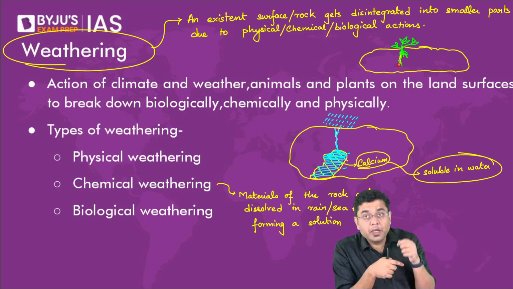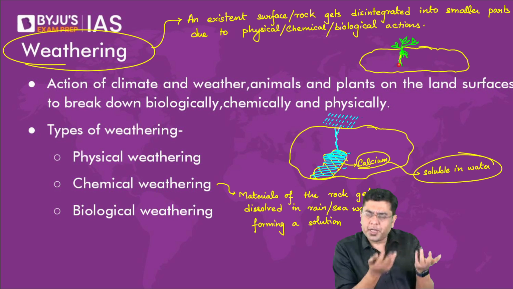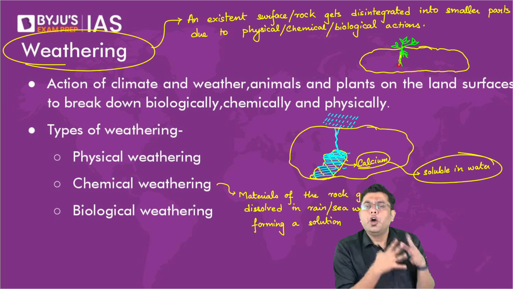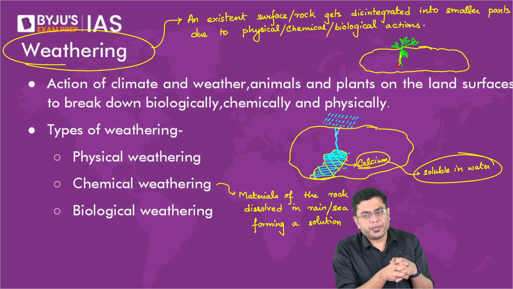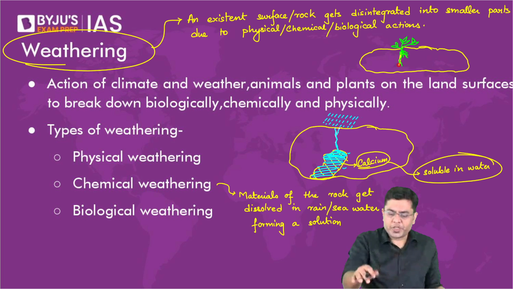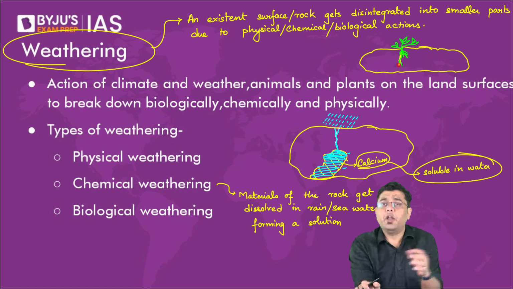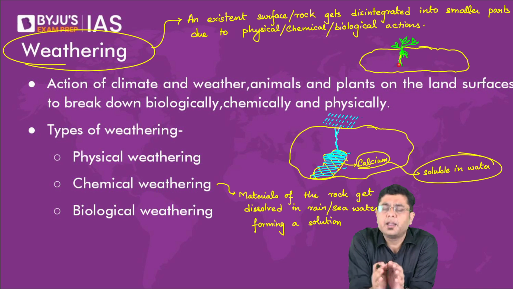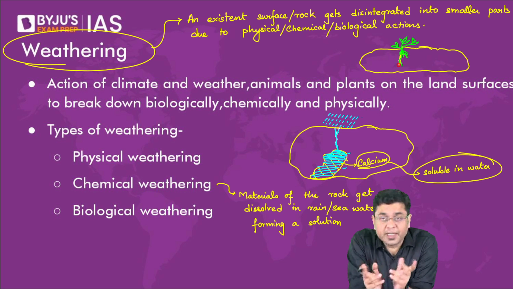So the breaking of the rocks can happen due to the physical agents, the physical forces, can happen due to the chemical forces, or can also be initiated by the biological processes. Now, if I ask you a question, in the case of biological weathering, many of you would have seen walls with certain plants coming up here and there.